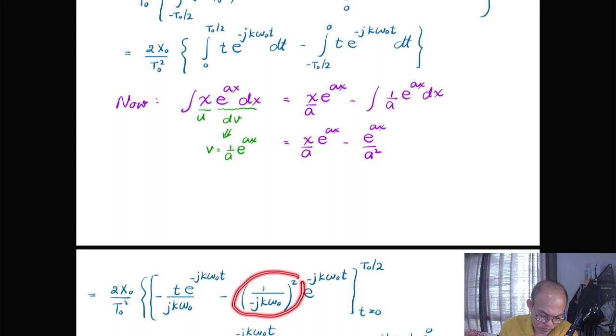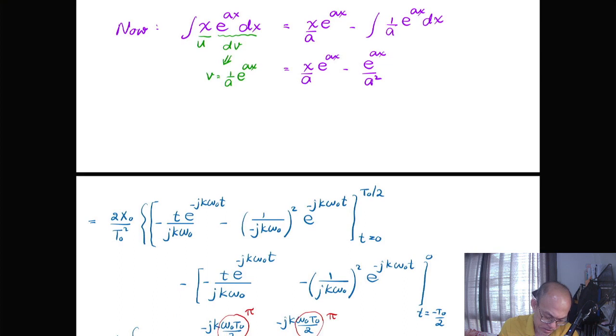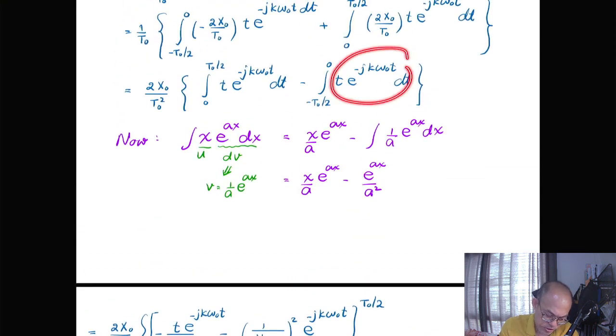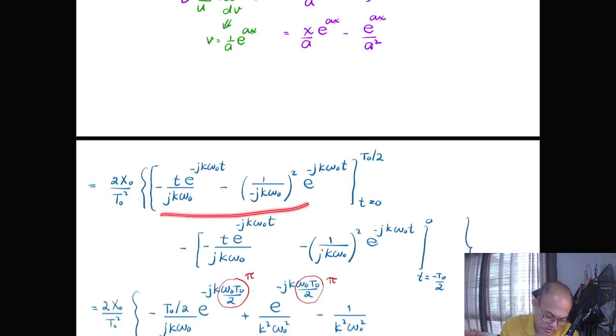A is minus jk omega 0, so 1 over a squared. Alright, minus sign is here. Alright, so this one is okay. And the other one, my minus sign is here, and then the integral is just exactly the same as the left one. So I'm gonna copy this over down here. Alright, and the boundary is here.